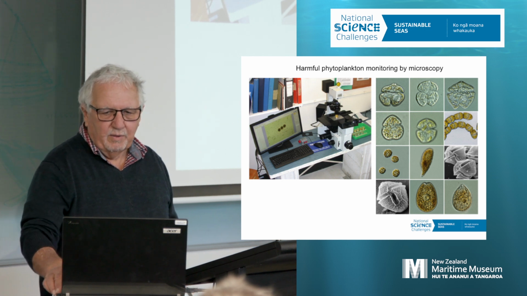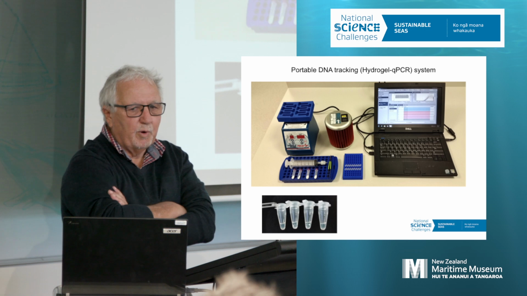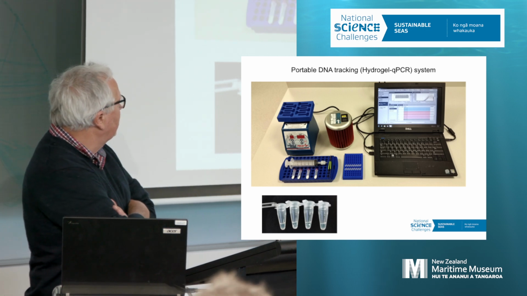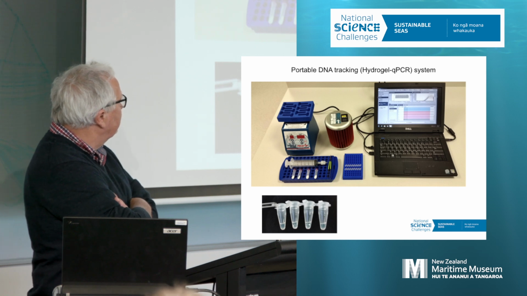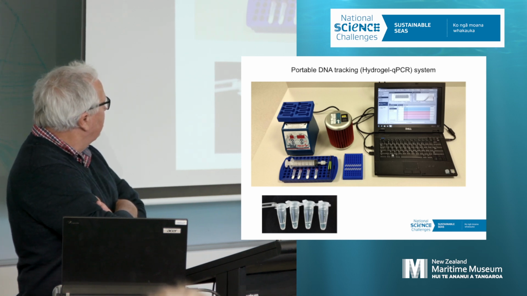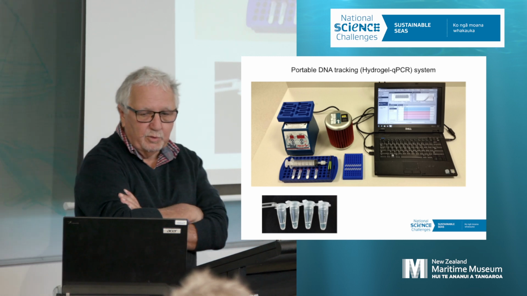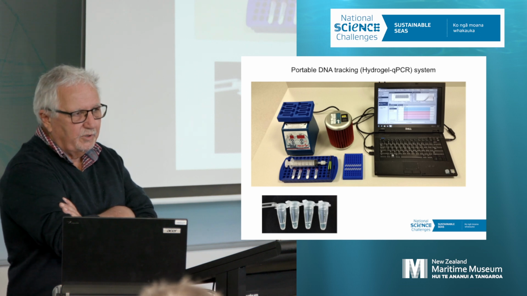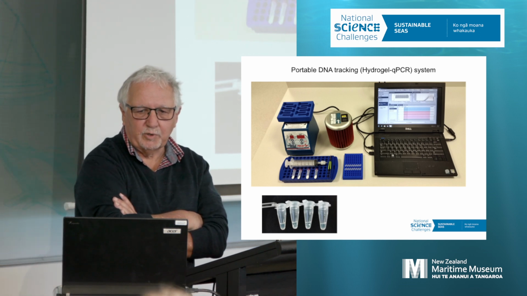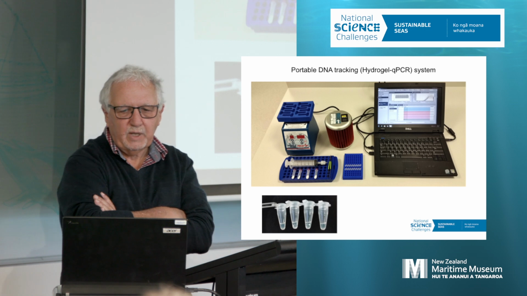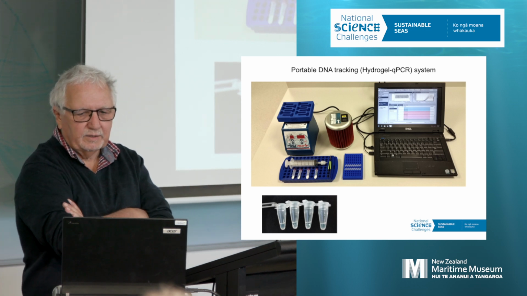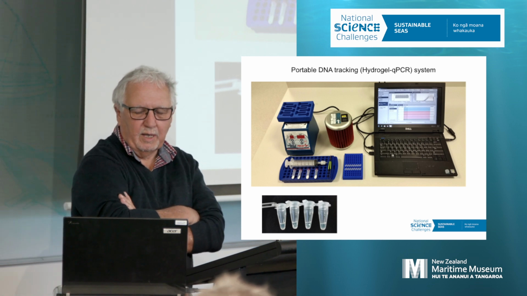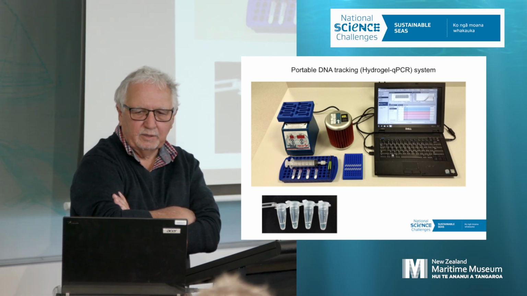But the Innovation Fund project that we've been working on is to try and improve the situation by developing some rapid tests, so that we can do more samples more frequently for lesser cost. The first method we were trying was a portable DNA tracking system using a technology known as hydrogel quantitative polymerase chain reaction.